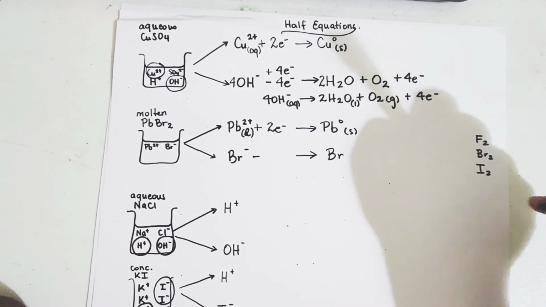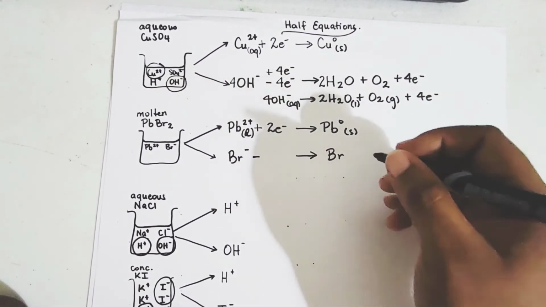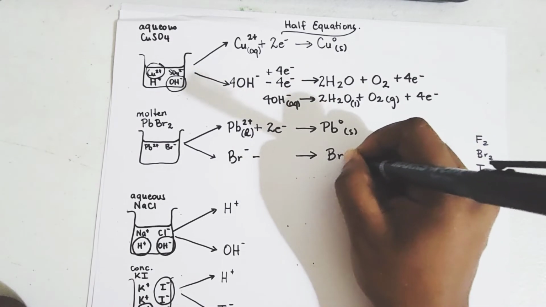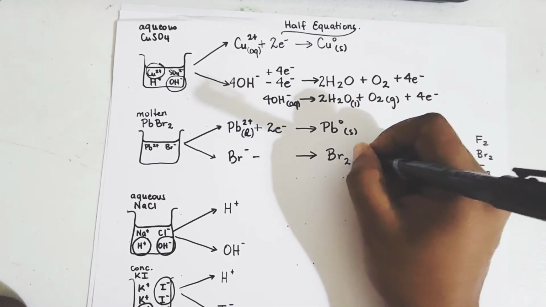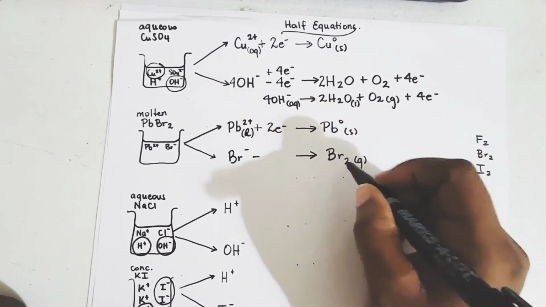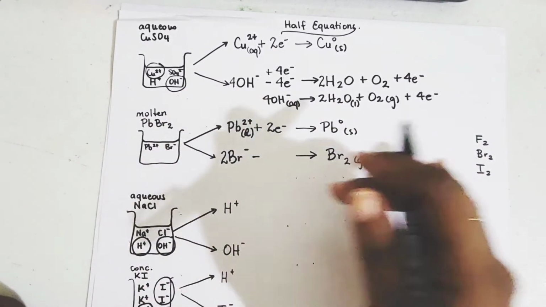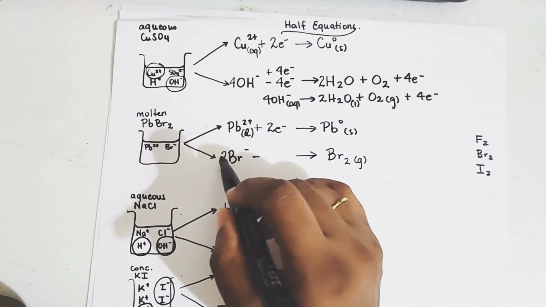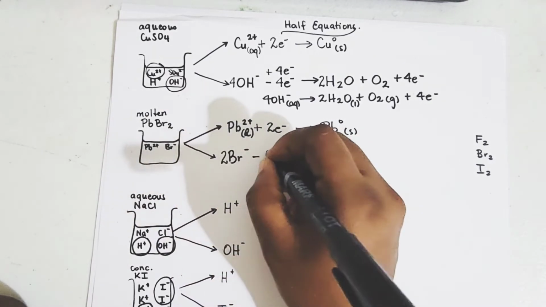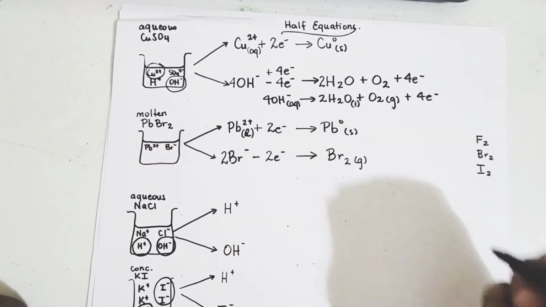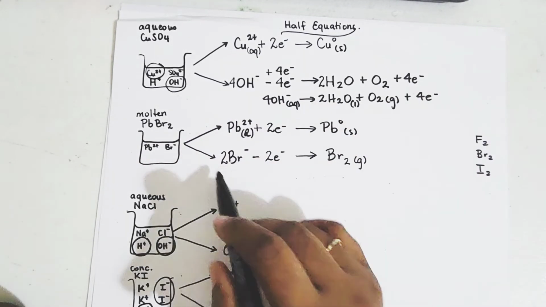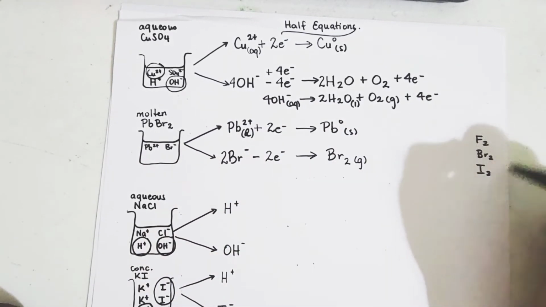Those are the famous ones. So whenever you're writing your equation, you want to recognize that it's a diatomic molecule. It's going to be a gas. And so if you have 2 of these here, you're going to have 2 here, right? That's how you balance that. So you said 2 times this negative sign here. So please note that's how we look for all of the halogens.